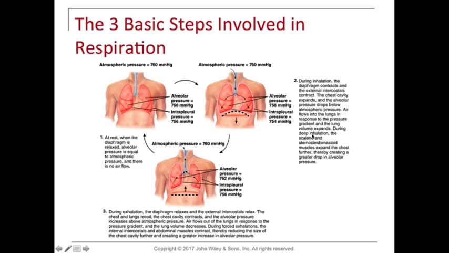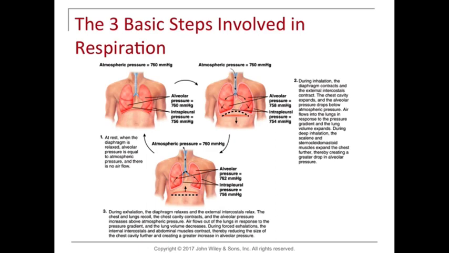During deep inhalation, the scalenes and the SCM muscles expand the chest further, thereby creating a greater drop in alveolar pressure. During exhalation, the diaphragm relaxes, and the external intercostals also relax. The chest and lungs recoil. The chest cavity contracts, and the alveolar pressure increases above atmospheric pressure.